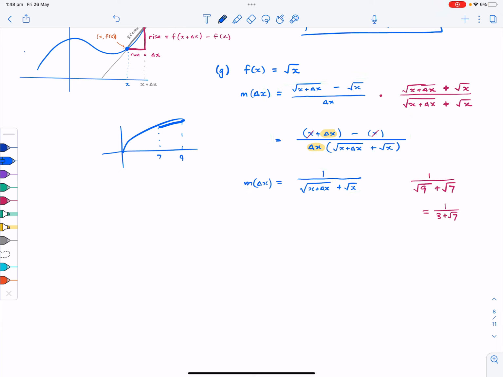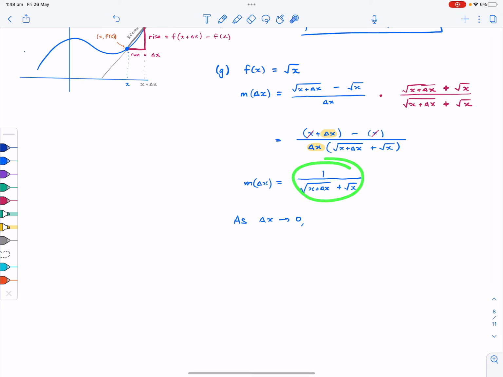Anyway, back to what we were talking about. As delta x approaches 0, what does this approach? Well, we can see that the square root of x plus delta x just approaches the square root of x.